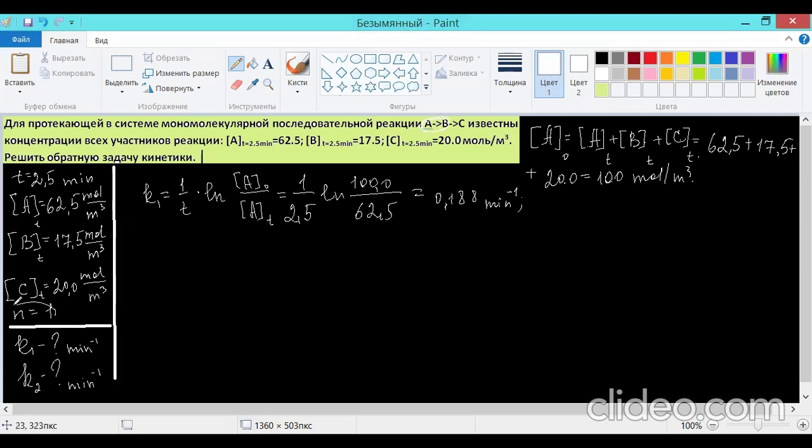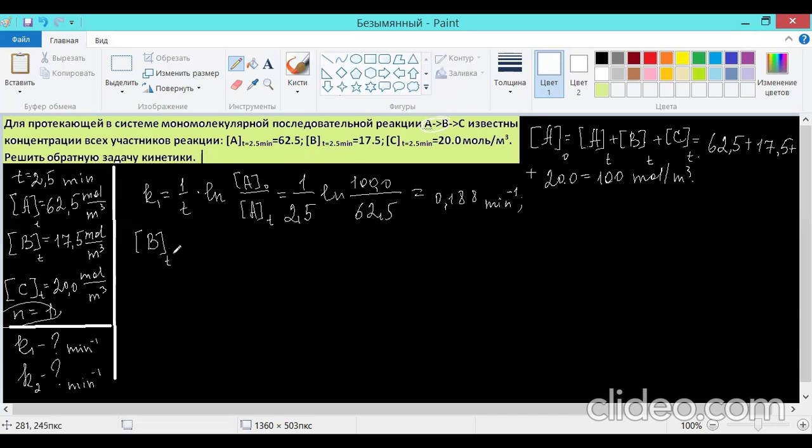Because it is a unimolecular reaction. Okay, now knowing K1, we can actually calculate K2 if we remember the formula, which enables us to calculate the current concentration of the intermediate B. Let's copy it out here.